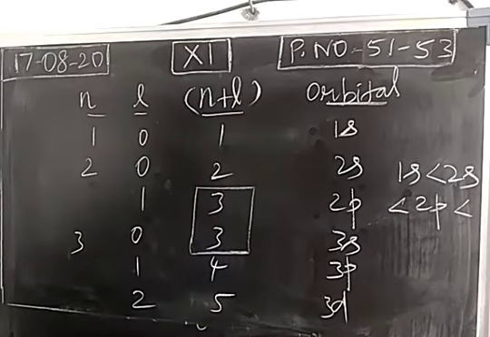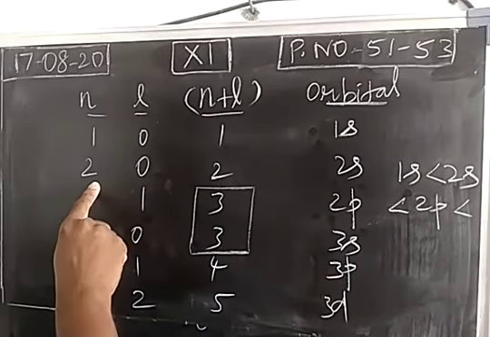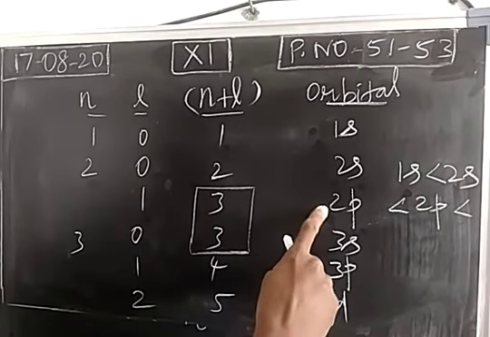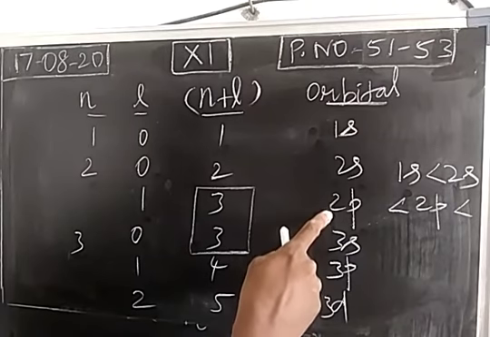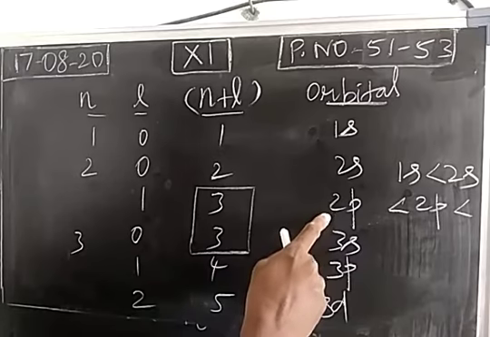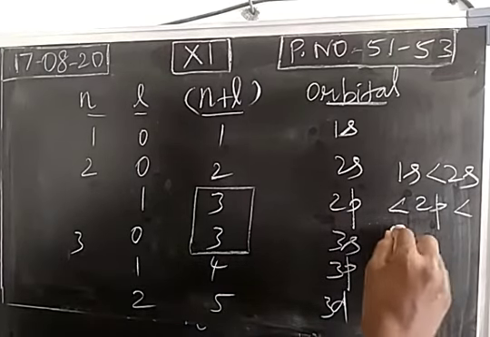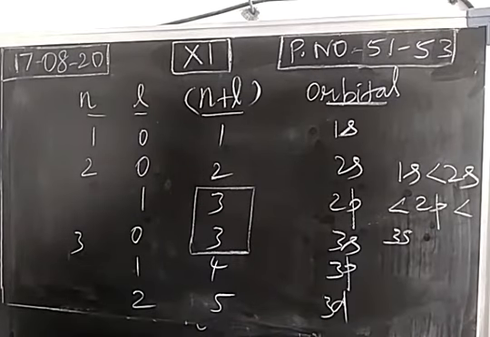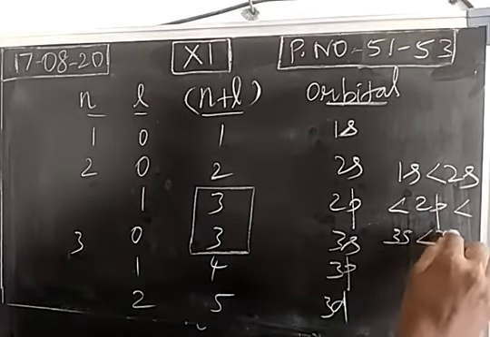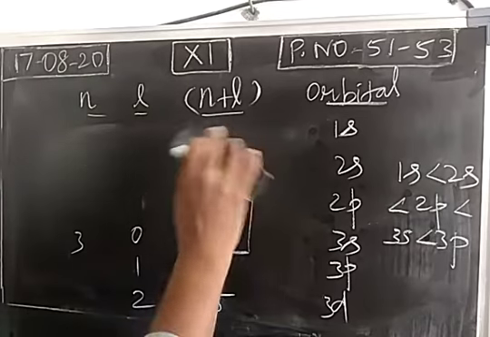If two orbitals have equal n plus l value, the orbital with lower principal quantum number has low energy. So out of these two orbitals, this is the orbital having low principal quantum number 2. So 2p orbital has less energy. Okay, so comparing 2p, 3s has more energy. Comparing 3s, 3p orbital has more energy. Right. So like that we may write.